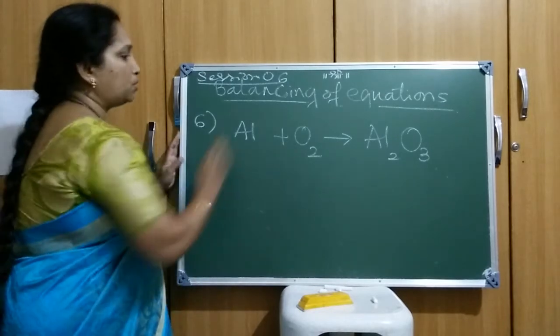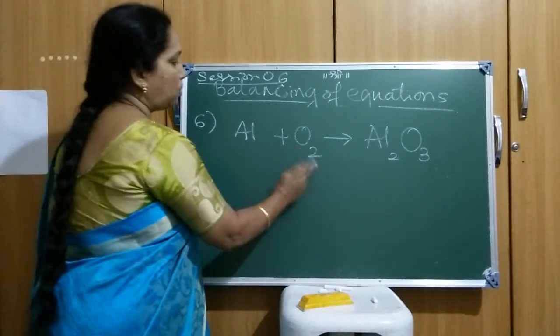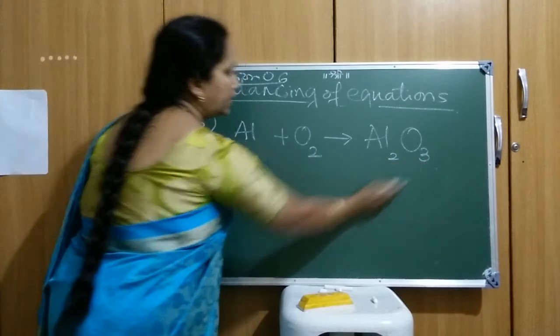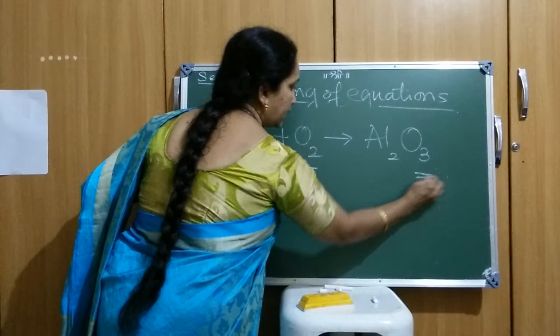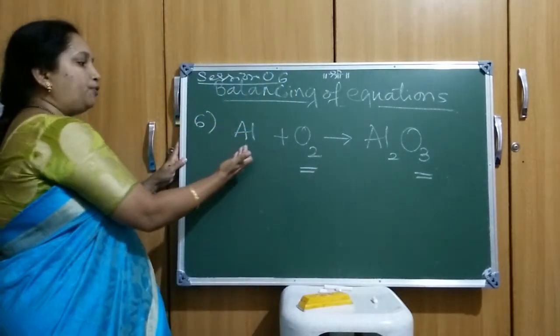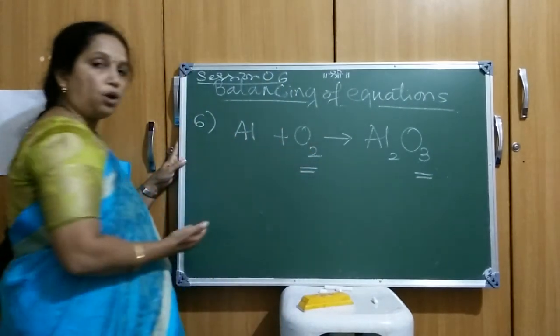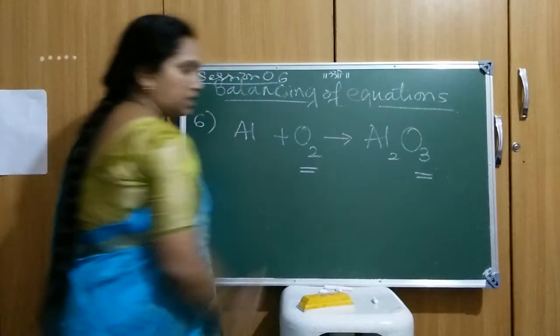Now if you observe over here, here aluminium, oxygen is there, here 2 aluminium and 3 oxygen are there. So again it is a 2 and again it is a 3. You can either go for balancing the aluminium first or else balancing the oxygen first.